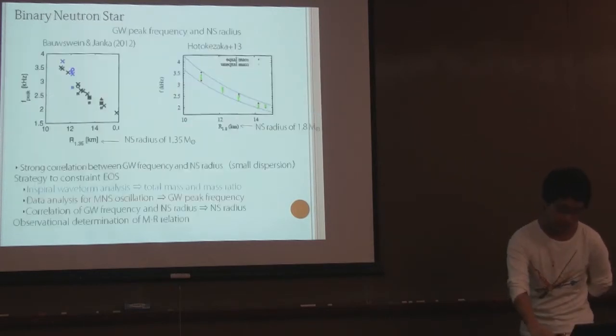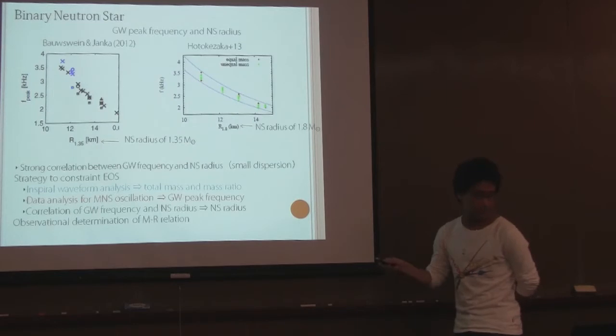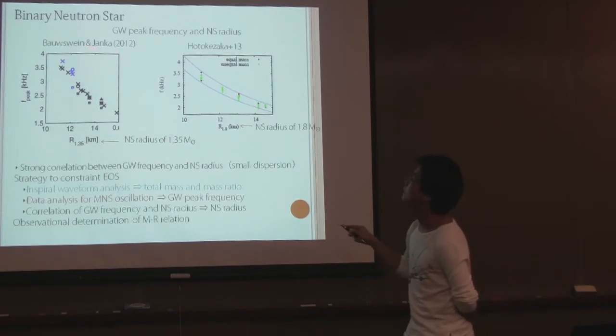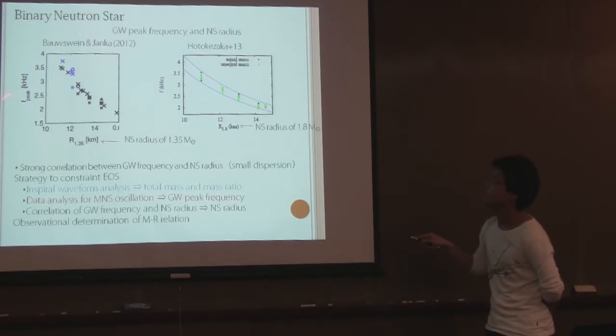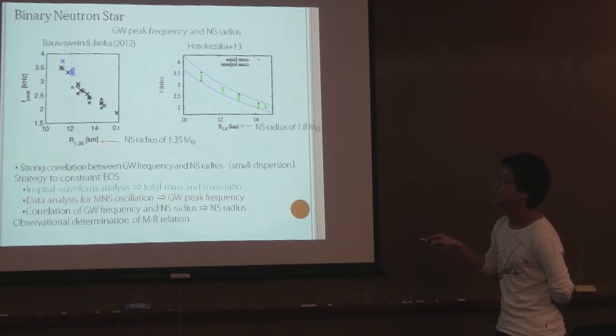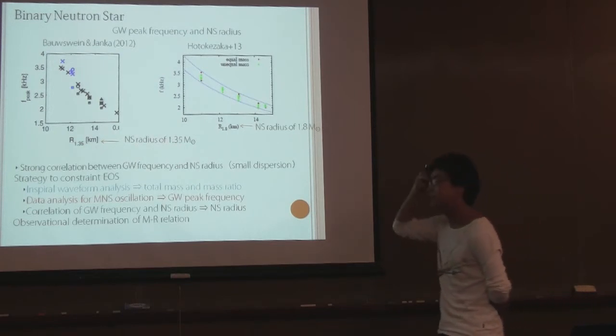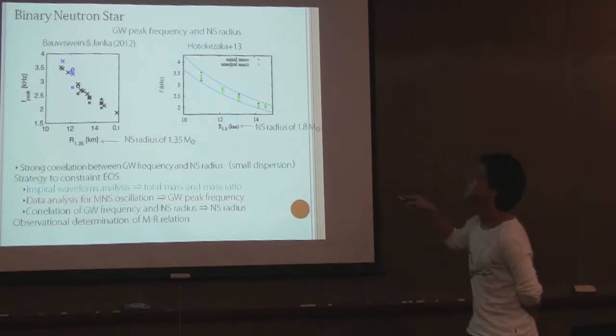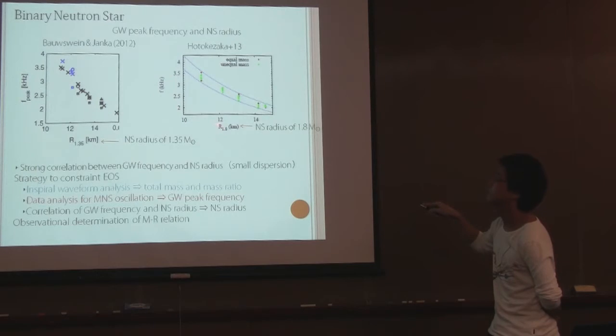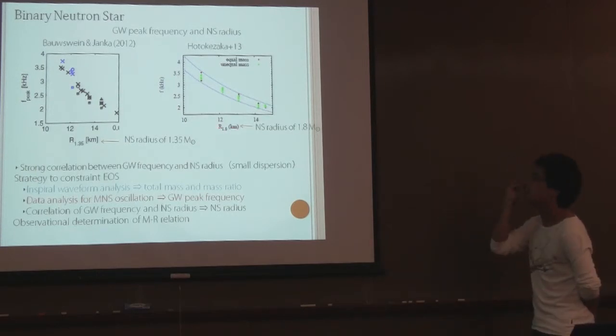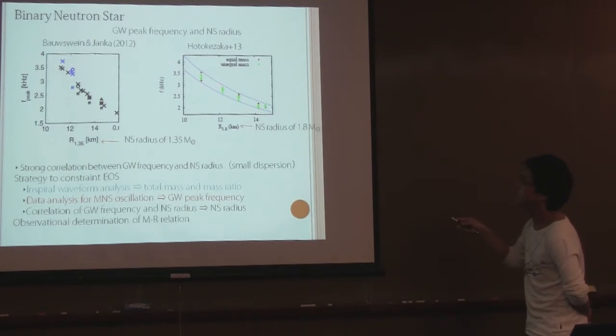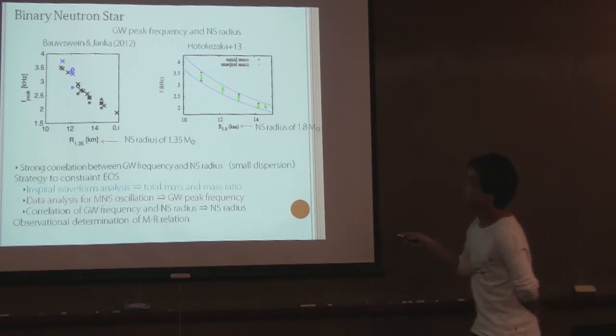in this case. So Bauswein and Janka have found in the simulation that the peak frequency has a tight connection to the radius of the neutron star with 1.35 solar mass. So we made a plot of the peak frequency as a function of the radius of 1.8 solar mass, and we found a strong correlation between the two.